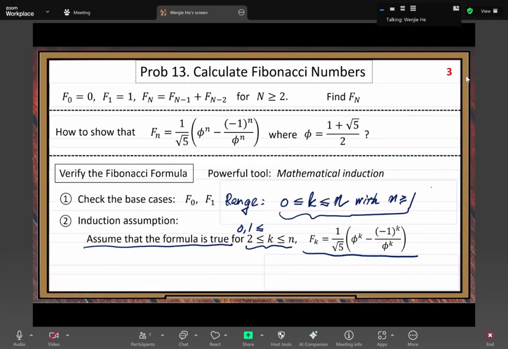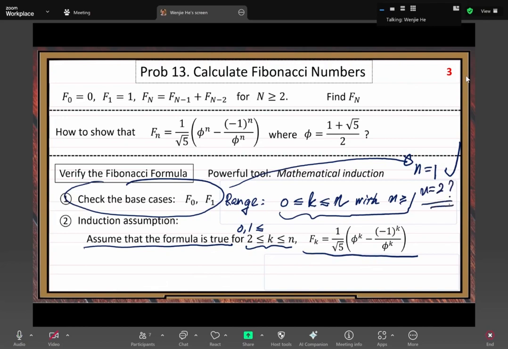And when n equals 1, we already answered, right? The base case tells us this statement is true when n equals 1. But how do you know this assumption is still true for n equals 2? True or not?